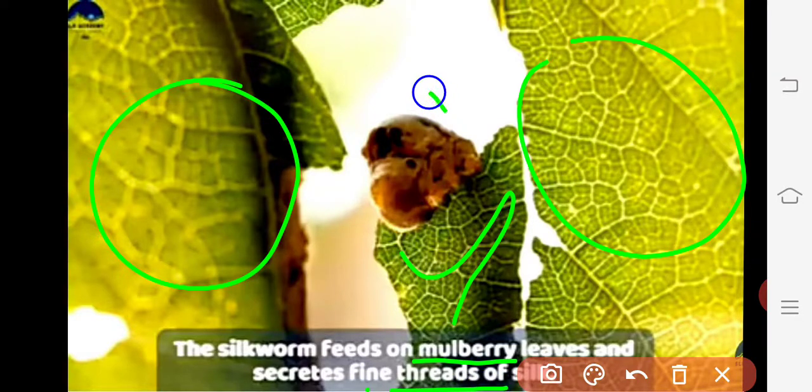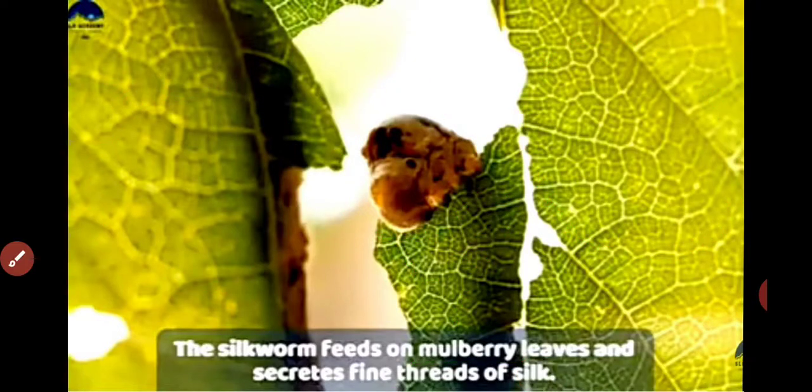When these silkworms eat those mulberry leaves, they secrete fine threads of silk only.